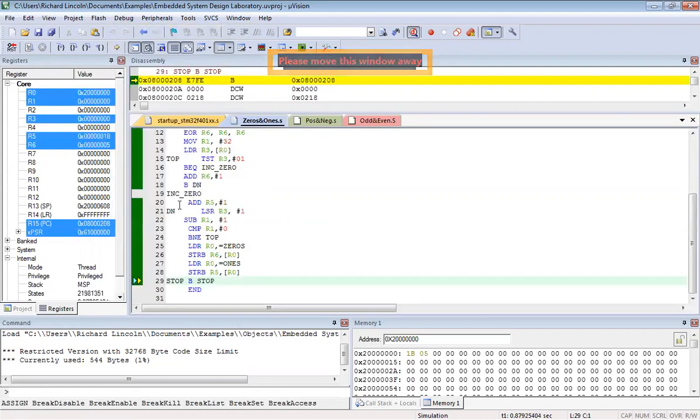So R5 is actually giving me 1B. Can someone tell me what is this 1B? So convert this hex value to decimal and tell me what is 1B. You can use your calculators.